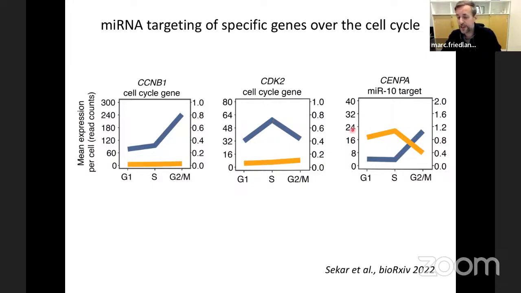And we also see some genes with very interesting patterns. For instance, this CENPA is a centromeric protein, which appears to be very important during cell division.